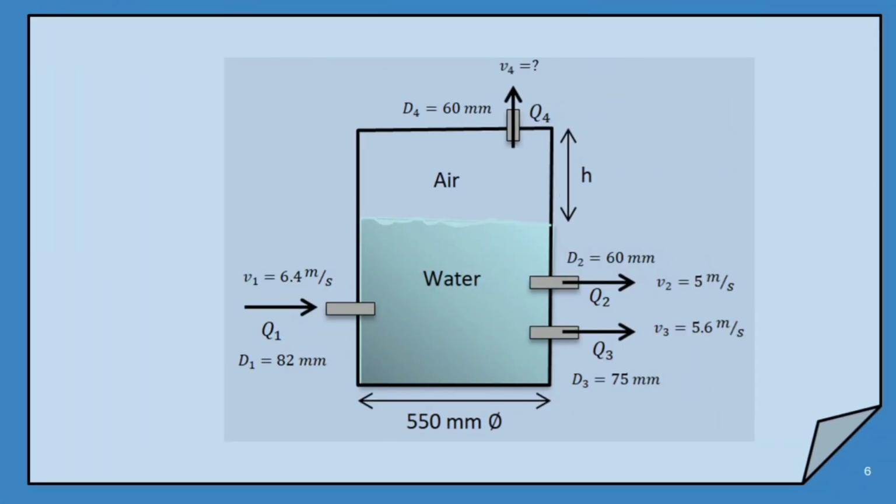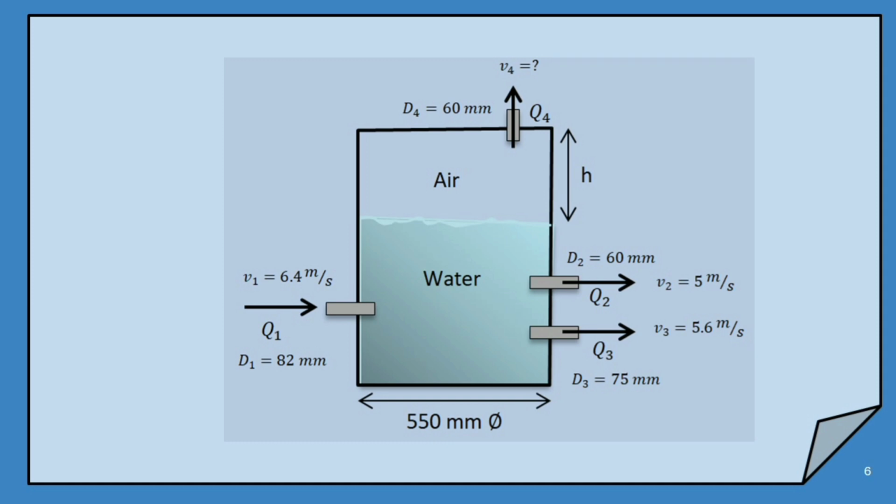We have a diagram here, and the diagram shows an arrow that is entering the container and an arrow that is going out of our container. Those arrows denote our discharge, Q sub 1, 2, 3, up to 4.